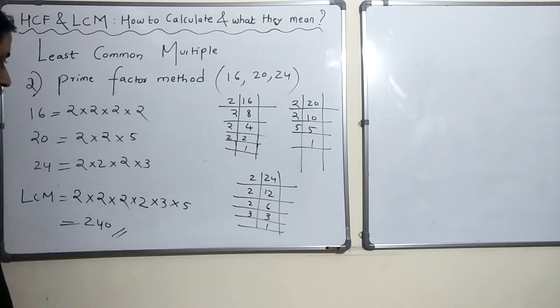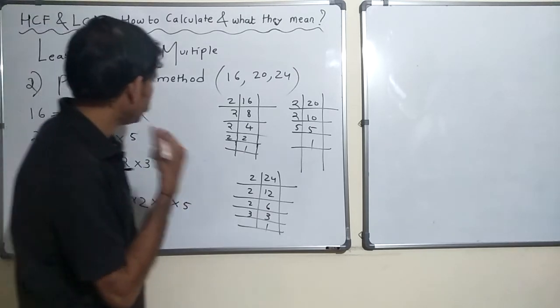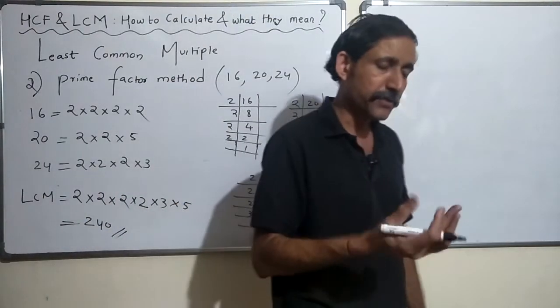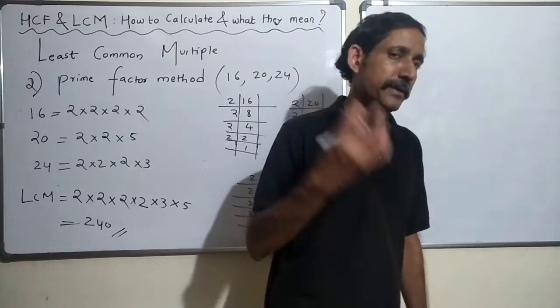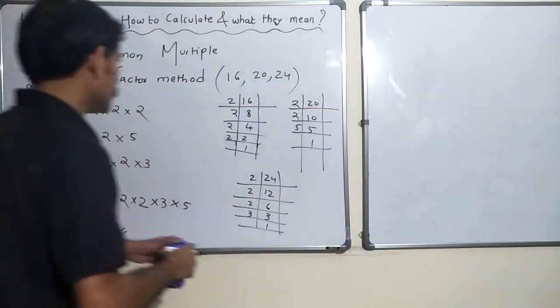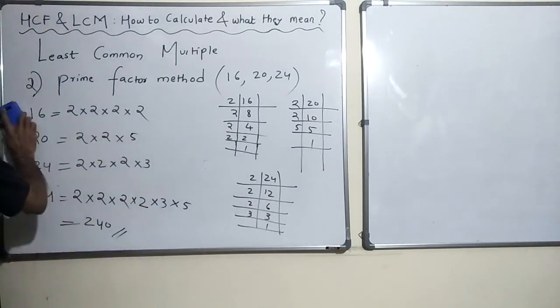Okay, great. So this was the second method, which is the prime factor method. You can find the HCF and you can find the LCM also using this. Okay, let's look at the third method we have.